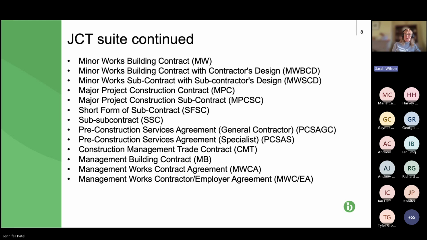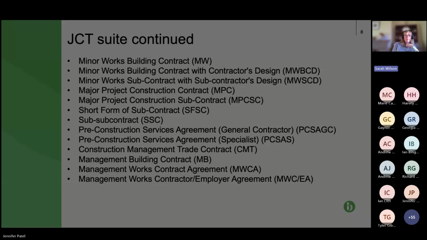Quite often, the new contractor won't want to take the works on as a design and build, so they come in on a management basis, and quite often the existing subcontractors are novated across, either to the paying party or to the contractor. So if we can move on to the next slide, please, Jen.